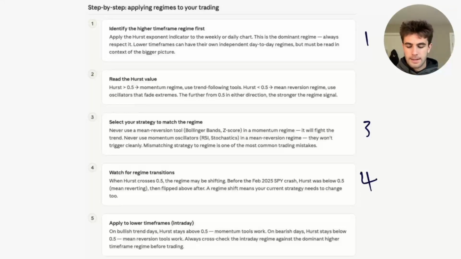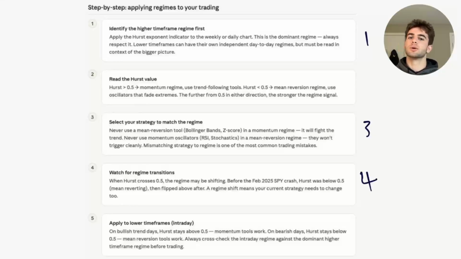And then lastly, constantly watching for regime transitions. And this seems like the hardest part. You don't want it to be flipping between. If it's right at that 0.5 level, it's between mean reverting and momentum following.